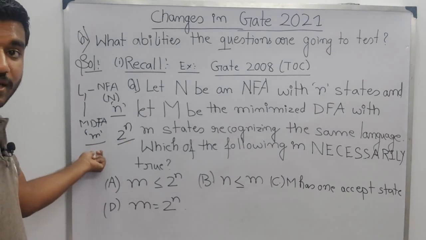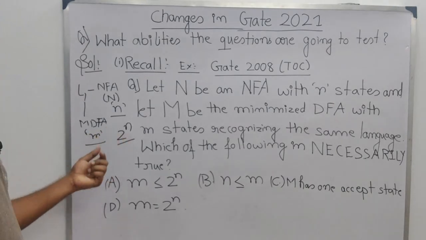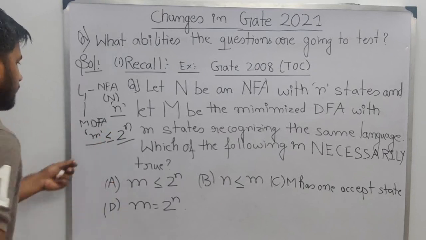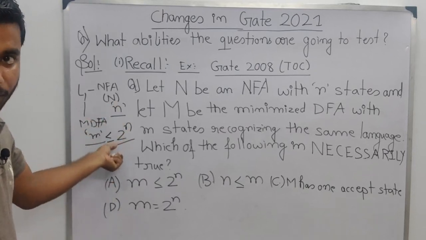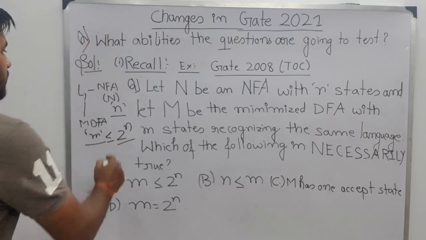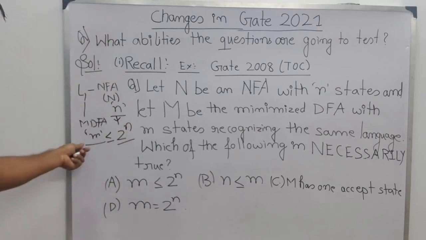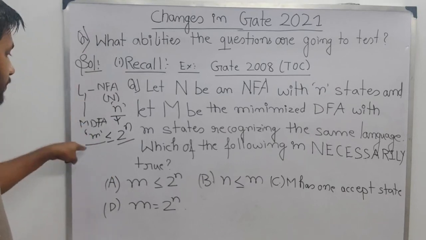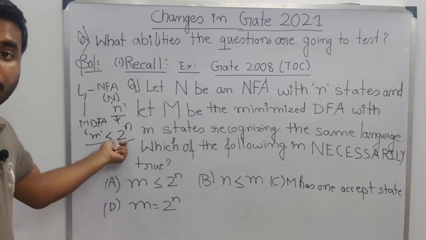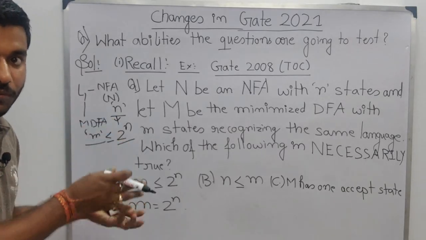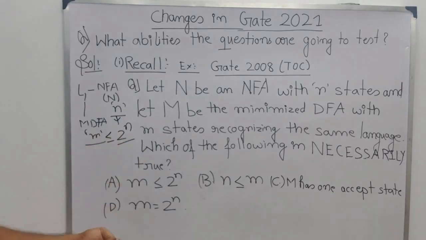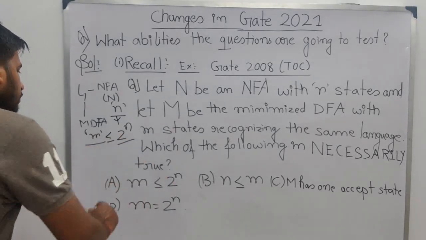So minimal can be smaller than or equal to that. When you are converting this NFA into a DFA, the maximum number of states you require is 2 to the power n, and they are saying that the minimal DFA is containing m states. It means the maximum can be the minimum also, or the minimum can be less than that. So what is always going to be true is that m is smaller than or equal to 2 to the power n.